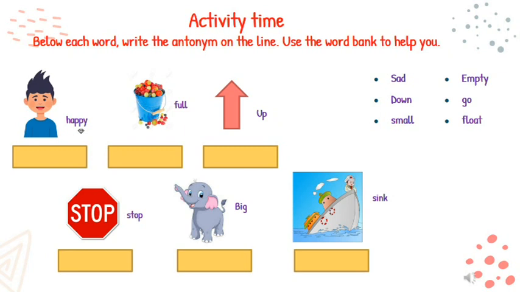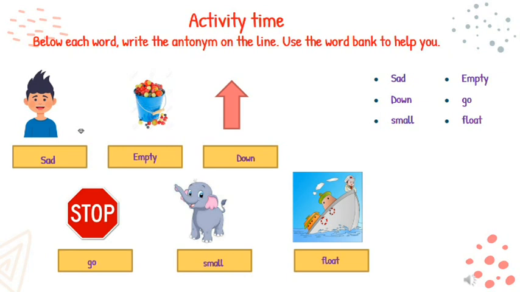Are you ready to check your answers? Let's check. First one. What is the opposite word of happy? Sad. Second one. What is the opposite word of full? Yes, empty.